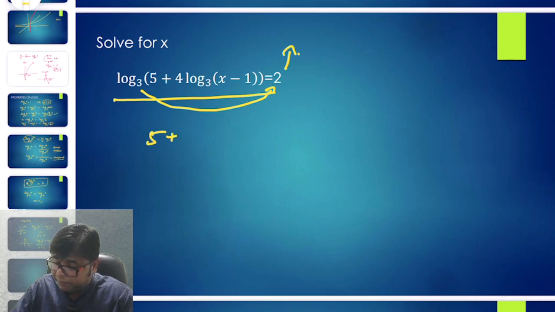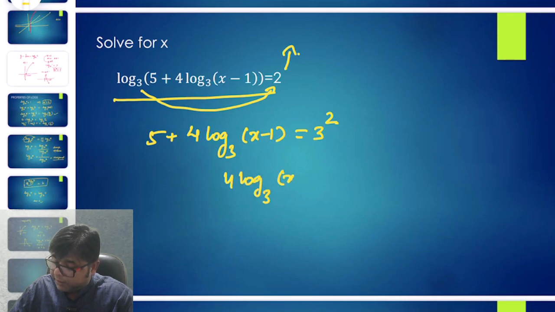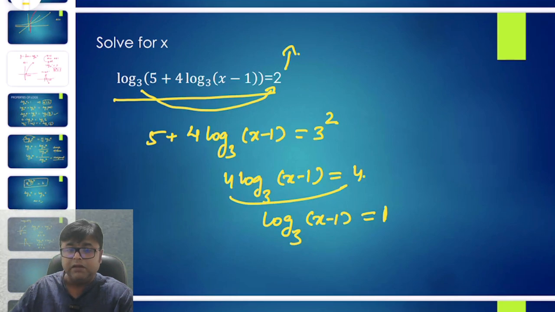So I'll be left with 5 plus 4 log base 3 of (x minus 1) is equal to 3 to the power 2, which will give me 4 log base 3 of (x minus 1) is 9 minus 5, which is 4. And this will give me 4 divided by 4 is 1.